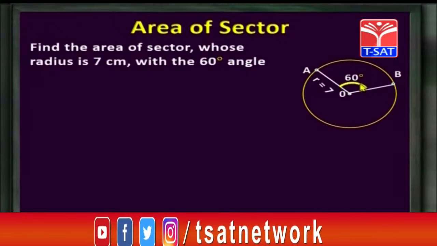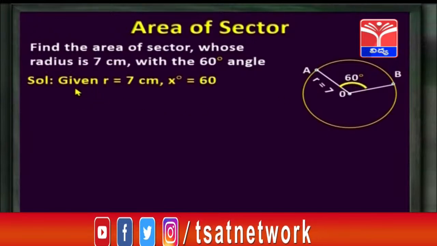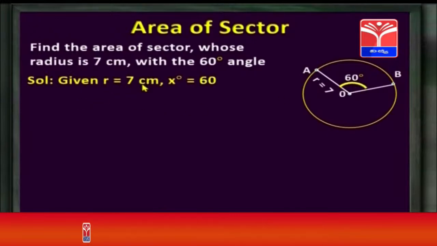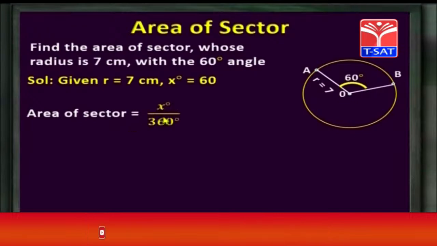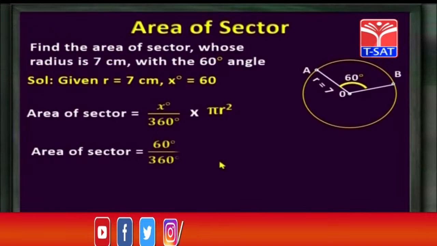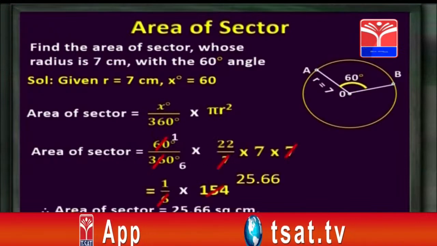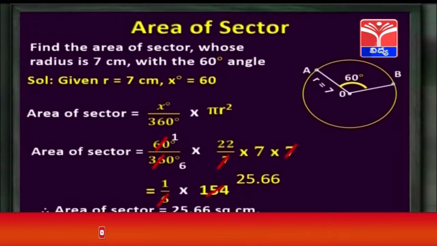Given angle is 60 degrees and r is equal to 7, so x degrees is equal to 60. We know the area of sector formula is x by 360 into pi r square. Therefore the area of sector is equal to 25.66 square centimeter.